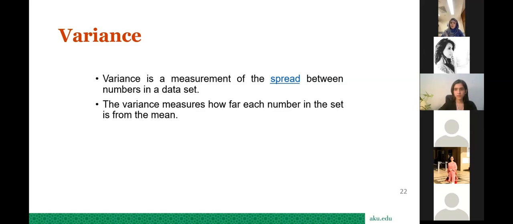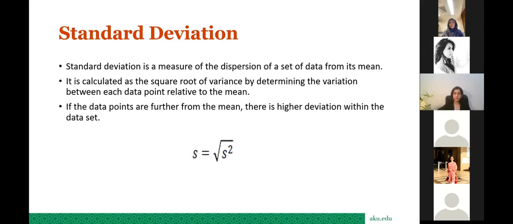That is known as your variance, right? How far each number is from the mean of that particular data is known as variance. And standard deviation is just the square root of variance, right?